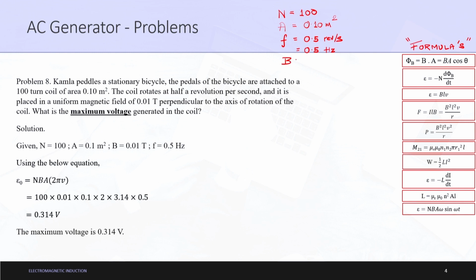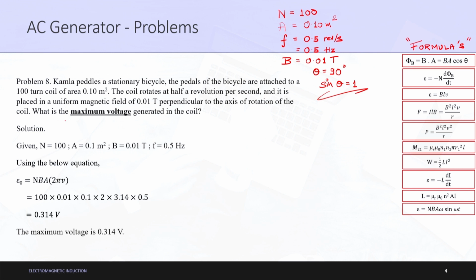So, capital B is also given as 0.01 Tesla, perpendicular to the axis of rotation of the coil. As it is perpendicular, the value of theta is 90 degrees, and hence sin theta is equal to 1.